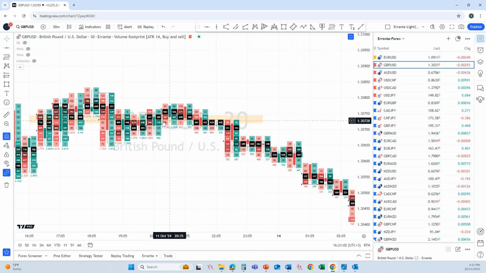So overall, buyers were less aggressive, or let's say the sellers were more aggressive than buyers, as seen by this negative delta here, suggesting a slightly bearish sentiment during this session.